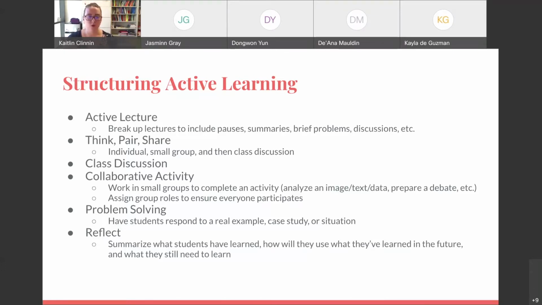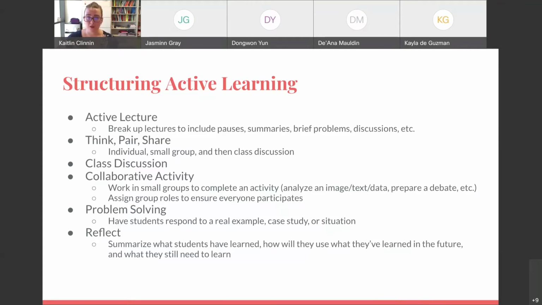And this is one way to also prep for a larger class discussion. I know instructors, nobody wants to have the crickets, the silence after you ask a question. And so doing a think, pair, share is a way to warm the students up, so that they have had a chance to share their ideas, to get some feedback, maybe refine those ideas before you have the larger class discussion.